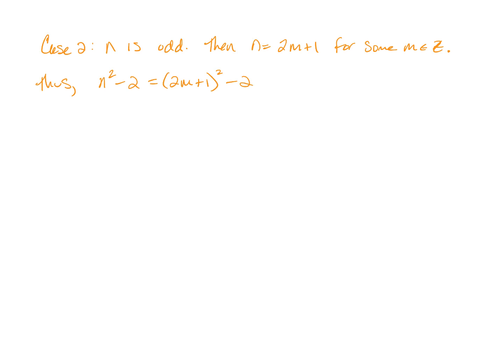Case 2, n is odd. Then n is equal to 2m plus 1 for some m in Z. Thus, n squared minus 2 equals 2m plus 1 squared minus 2, which is 4m squared plus 4m plus 1 minus 2, which is 4m squared plus 4m minus 1, which from our original supposition is supposed to be a multiple of 4, equals 4k.